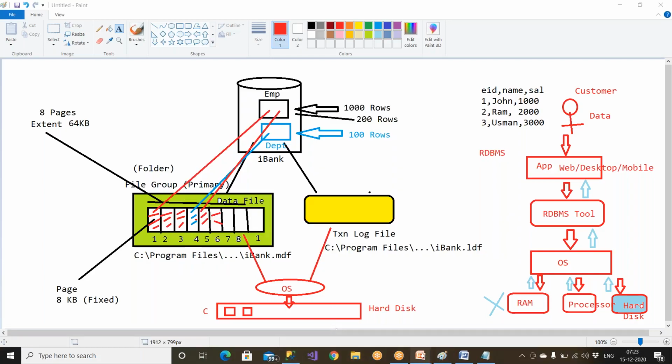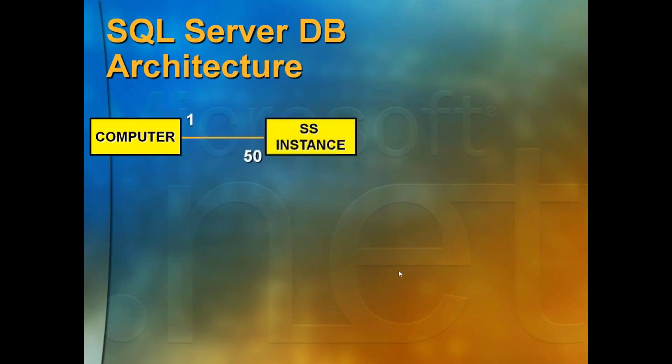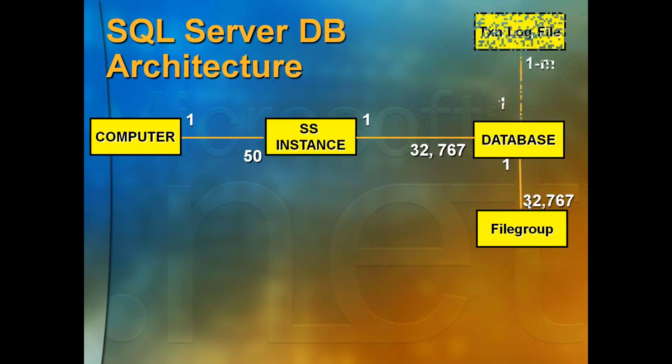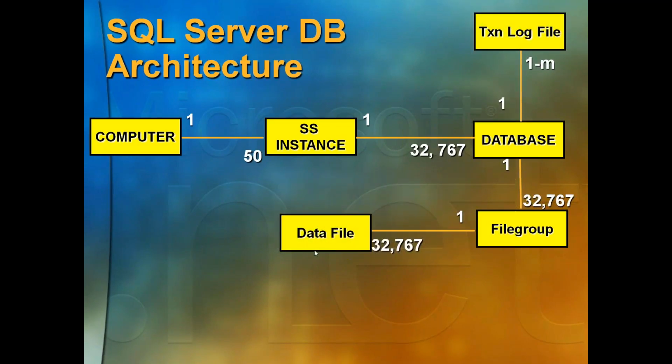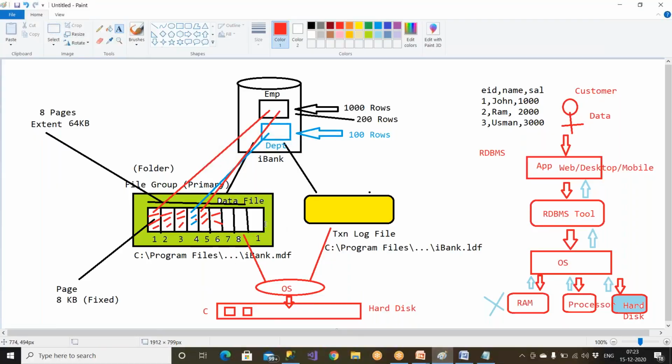So this is what we have discussed. Clear? Whenever you create a database, by default one file group, one transaction log file, and one data file will be available. One data file will have one or more extents, and one extent will have 8 pages. One table's data is occupied in one or more pages. If you see the diagram, you can understand.